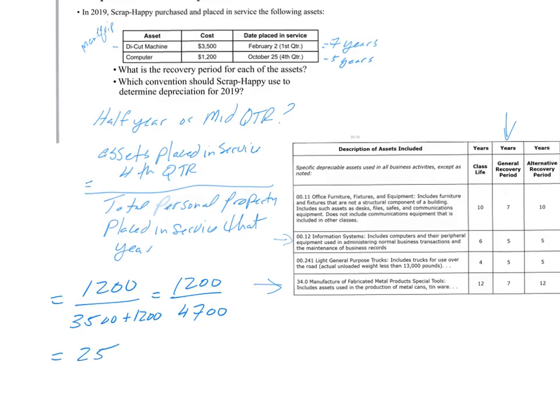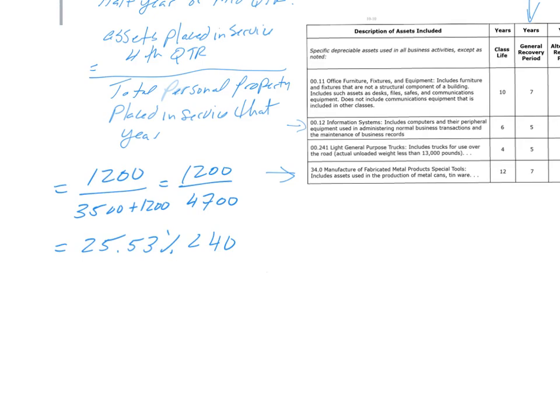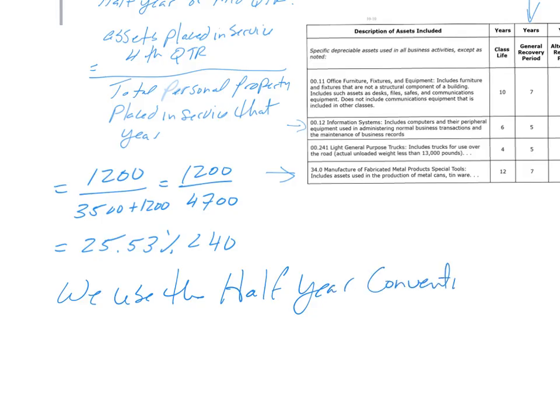That gives us 25.53%, which is less than 40. So what convention do we use? We use the half-year convention, which is more common, okay? So the half-year convention is much more commonly used than the mid-quarter convention.